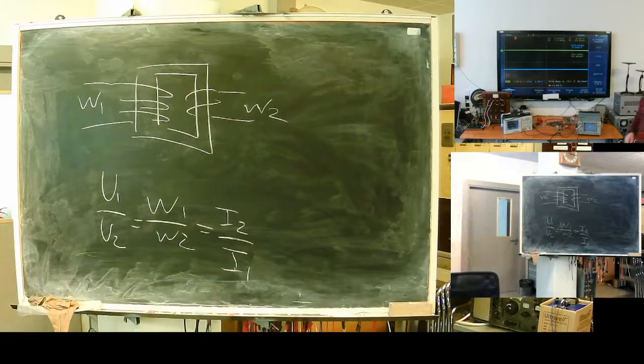Transformers are necessary because when we need to transfer energy, usually energy is not produced at a consumption point. To transfer energy we need higher voltage because it allows us to reduce losses.